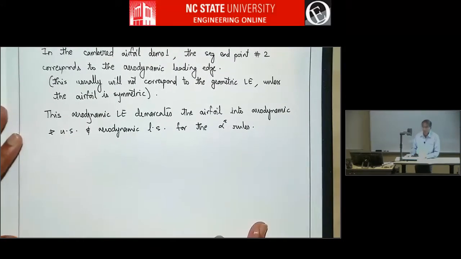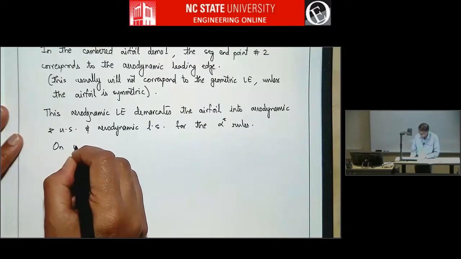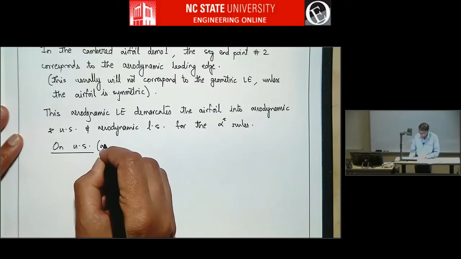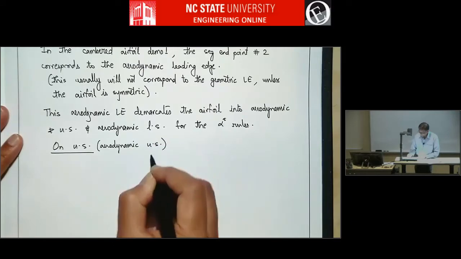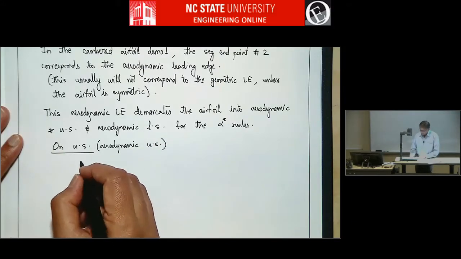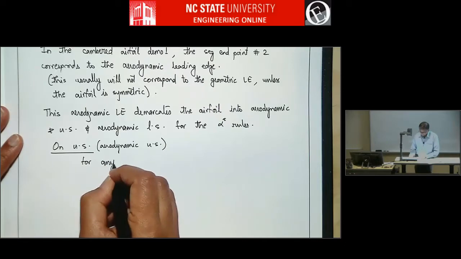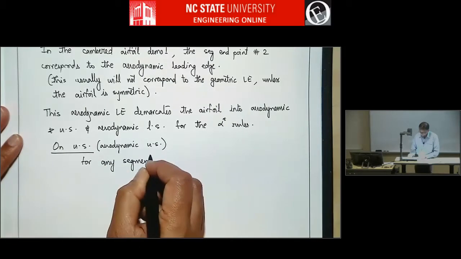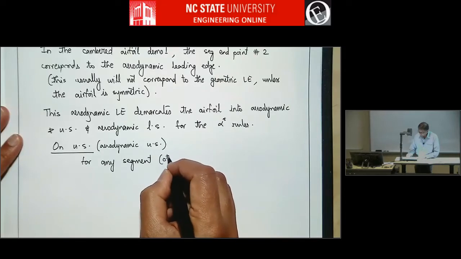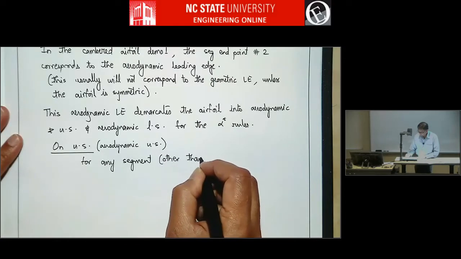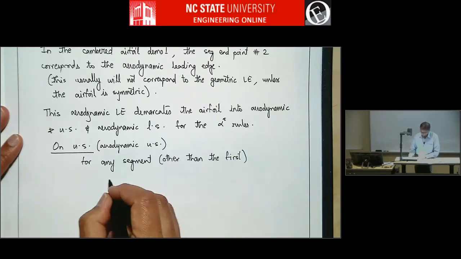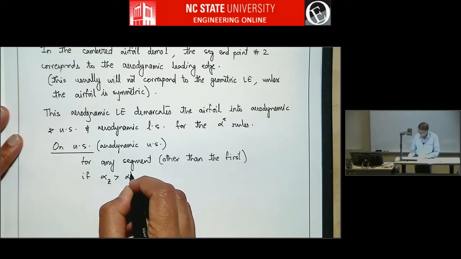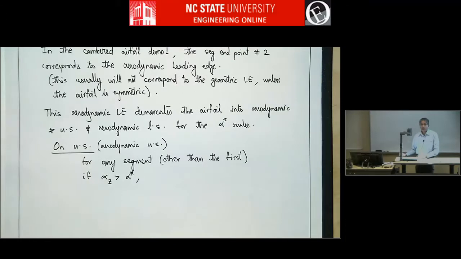So just to recap, on the aerodynamic upper surface, for any segment other than the first, if alpha z is greater than alpha star, what happens to the velocity gradient?